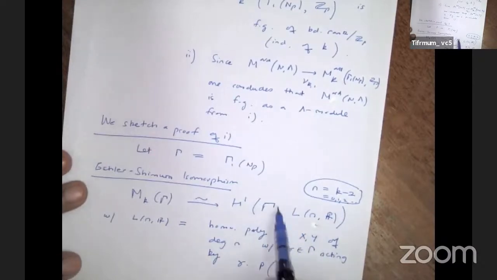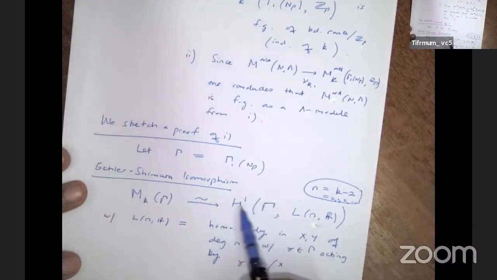You have a group and then you have a gamma module, right? So once you have a group and an abelian group which has an action of gamma, then you can speak of its cohomology groups, say H0, H1, H2.